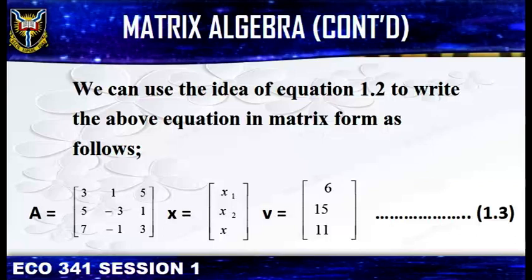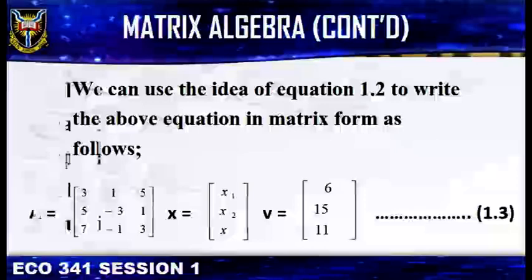A equal to, parenthesis open, 3, 1, 5, 5, minus 3, 1, 7, minus 1, 3, parenthesis closed. X is equal to, parenthesis open, x1, x2, x3, parenthesis closed. V is equal to, parenthesis open, 6, 15, 11, parenthesis closed. Equation 1.3.